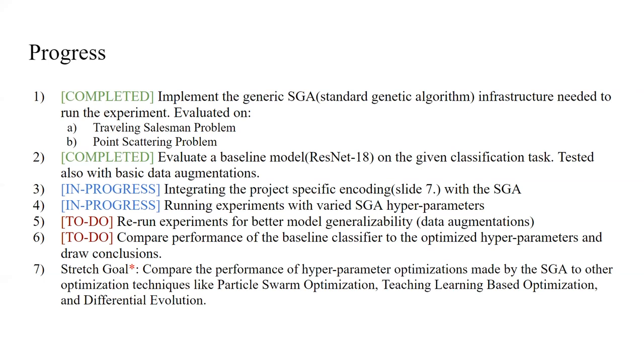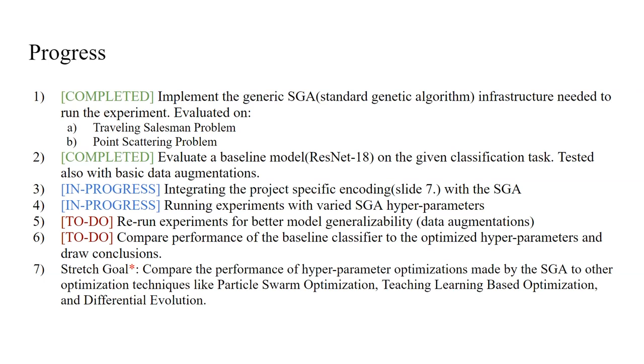What I have left to do is to improve the model performance by introducing data augmentations. I decided not to do that at the same time so that I wouldn't have too many confounding variables. Once I have the hyperparameters in place, I'll introduce augmentations, and then I have to compare the performance of the optimized hyperparameters to the baseline classifier to see if I was able to get improved results.